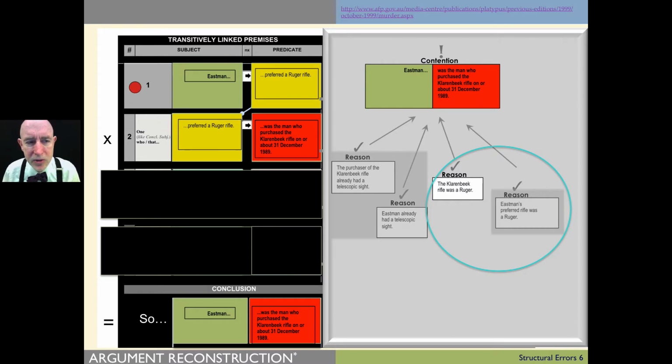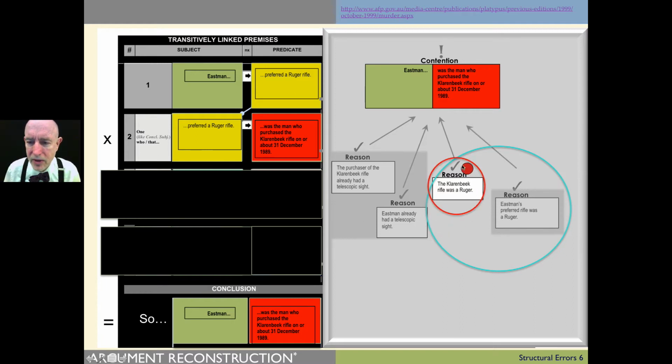And here we have 2 premises. Premise 1, Eastman preferred a Ruger rifle, and premise 2, one who preferred a Ruger rifle was the man who purchased the Clarenbeck rifle on or about 31 December 1989.